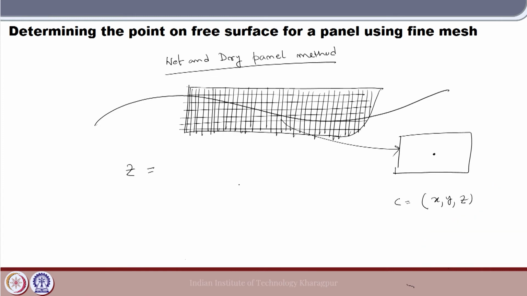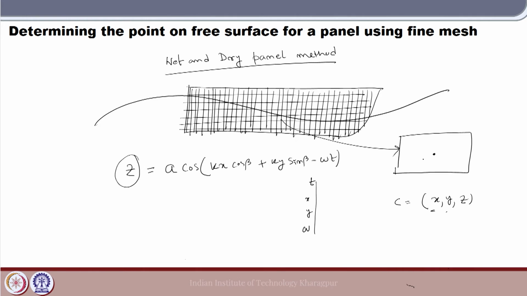At this point the wave elevation gives you a cos(k x cos beta plus k y sin beta minus omega t), at a particular time t. Now you put this x and y in, and you know your omega. If you put in all these parameters you can get the eta, or the z.